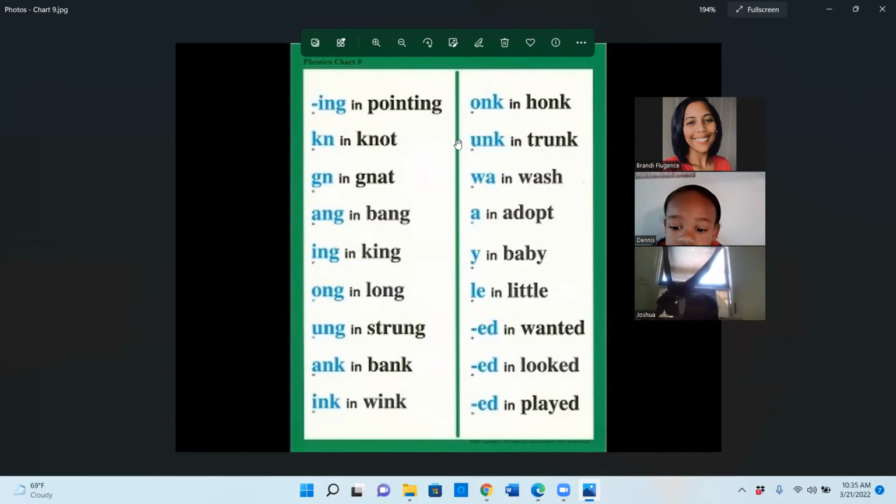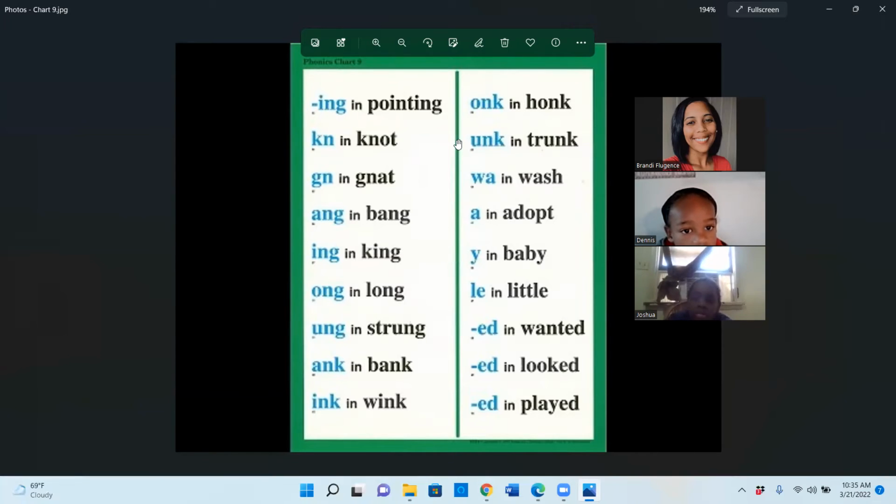ONG says ong in long. UNG says ung in strong. ANK says ank in bank. INK says ink in wink. ONK says onk in honk. UNK says unk in honk.